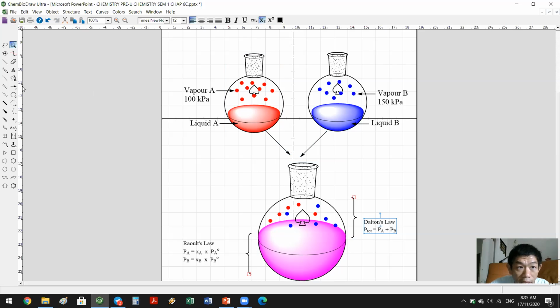So how to calculate the mole fraction of the vapor content in here? Because now it's in gaseous state, isn't it? So for mole fraction in gaseous state, you can use Dalton's law.